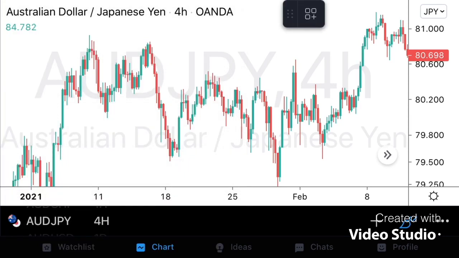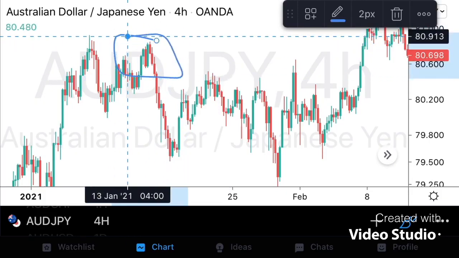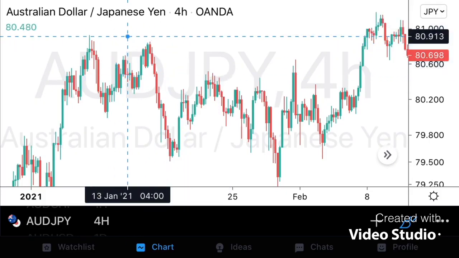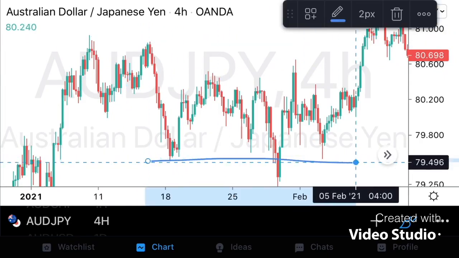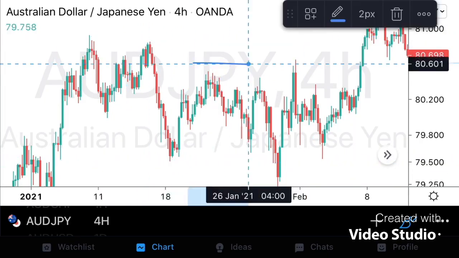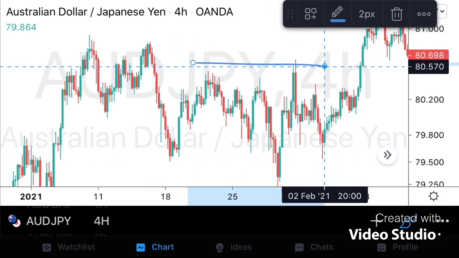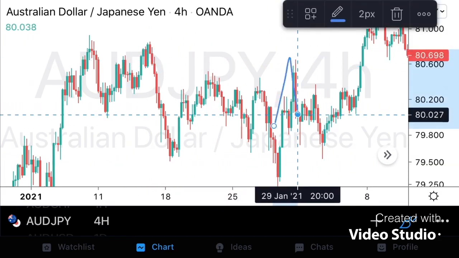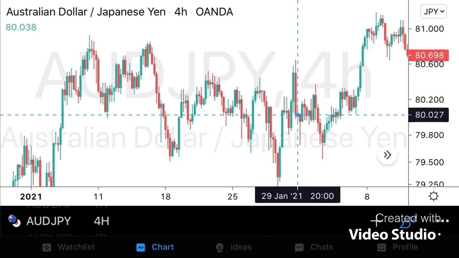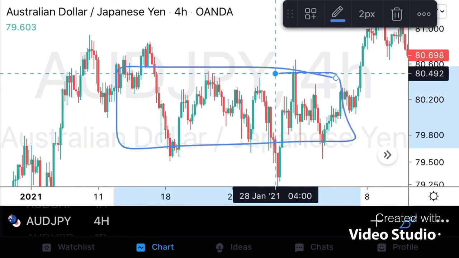For example, if we took a sell in this area here and then looked to trade the structure, we'd be waiting for price to break and close below the structure here. We'll move stop losses above previous structural highs, and as you can see, we'll probably get stopped out. This is obviously because this is a ranging market.